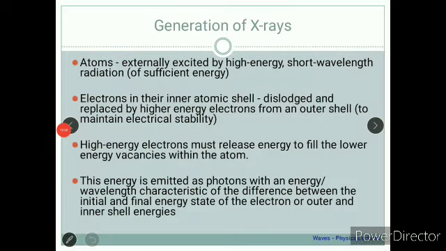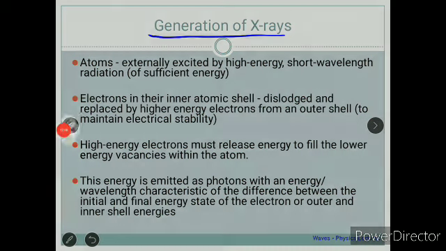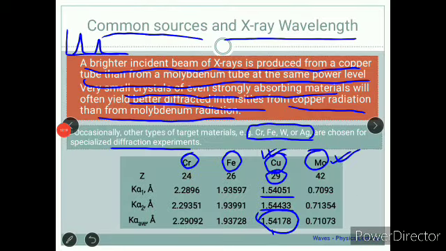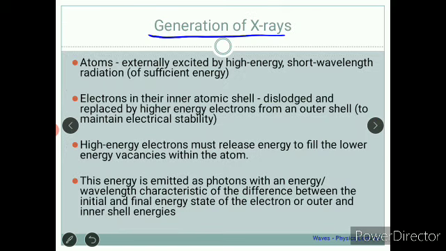Now, the generation of X-rays. How do we actually generate X-rays? Before we go to why copper is used or how copper is used, we need to know some terms, which are the alpha lines here. We also need to know why we use copper and how X-rays are actually generated. So before we go to the generation of X-rays, let's look into some basic points.